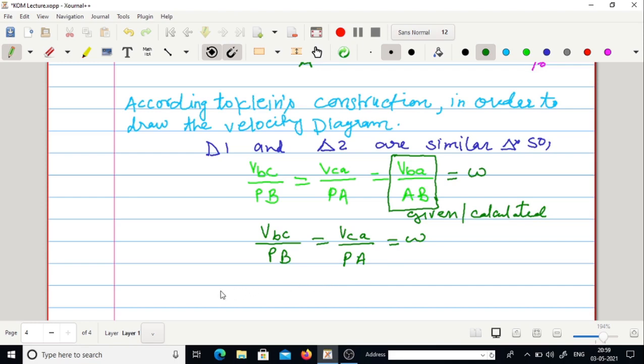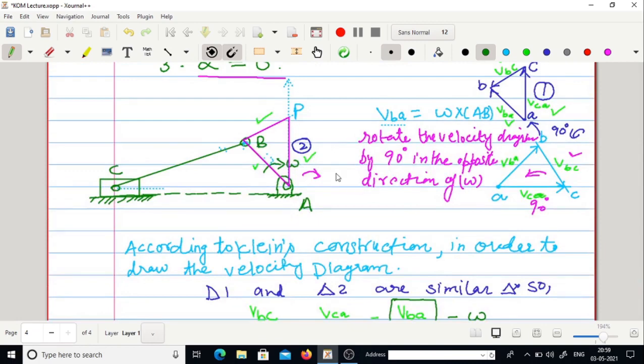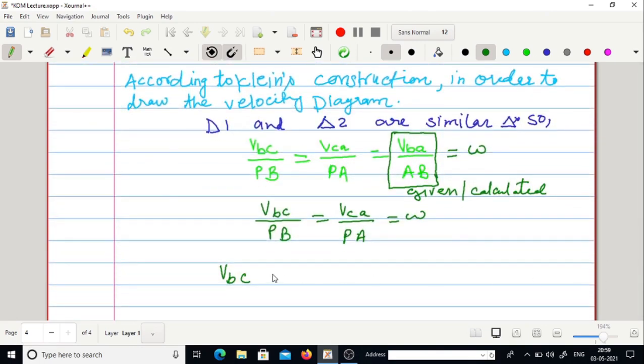So if we want to calculate the velocity of point B with respect to C, then just multiply the length PB with omega.